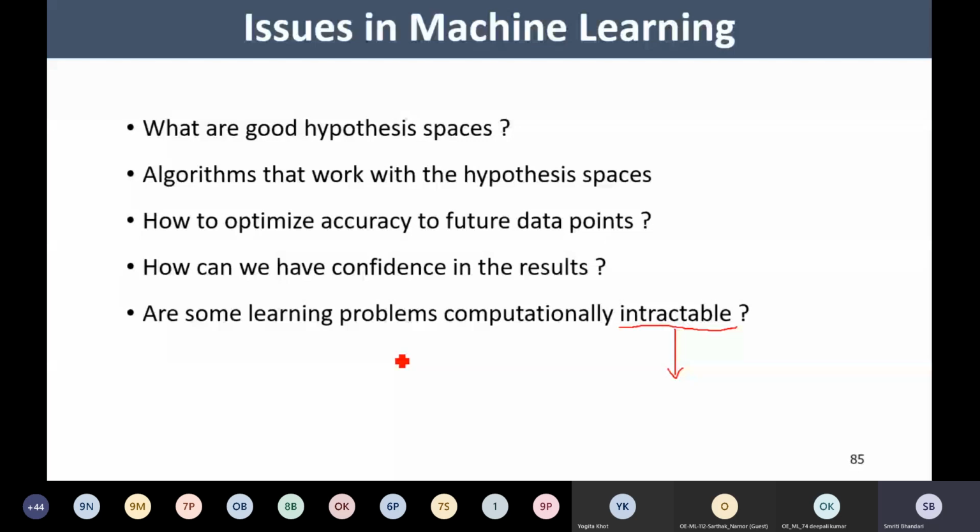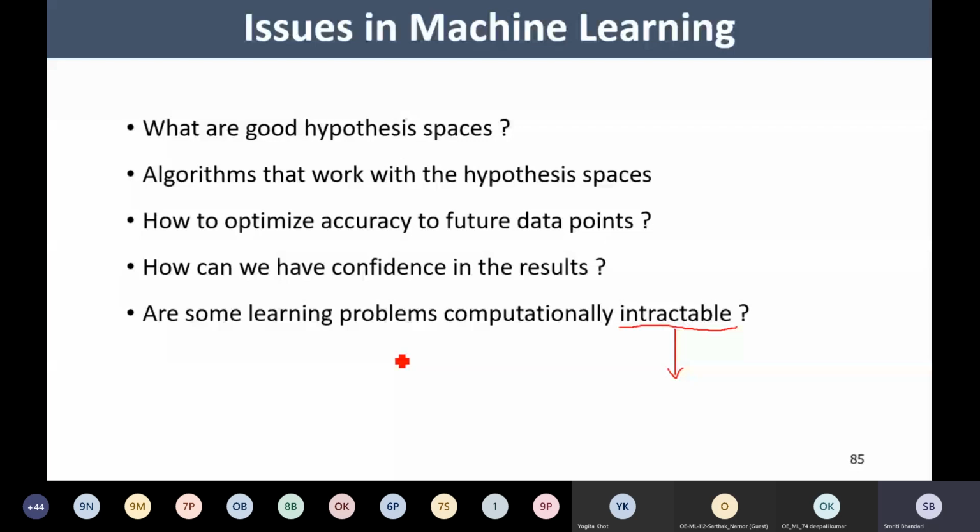We need to understand what is the confidence that we have in our hypothesis. So how well my hypothesis will perform, what is the confidence that my hypothesis will perform well in future in real world scenarios. Also we need to think of whether my algorithm is computationally efficient or not.